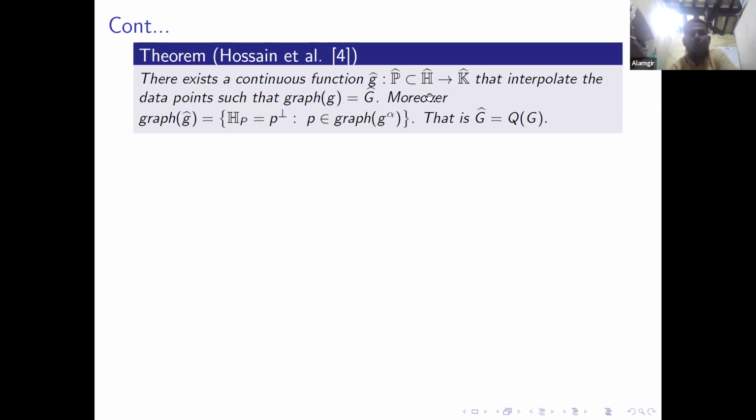Moreover, we have seen that the graph of G hat is the collection of hyperplanes where P belongs to the graph of our original function, that is, the original attractor G.